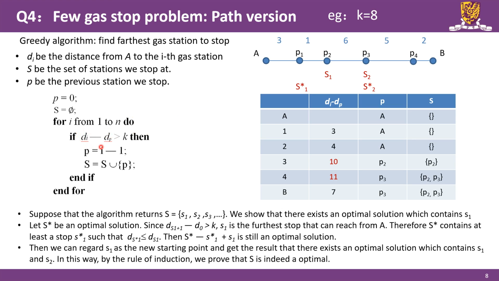If the distance is larger than k, it means that we cannot travel from the previous gas stop to the current gas stop that we investigate, and we do the following procedure.